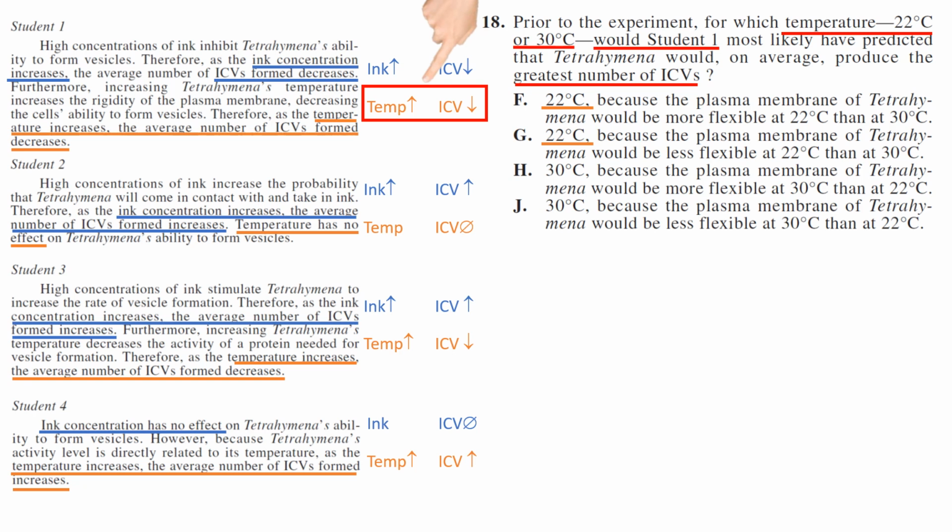It's because the membrane is more flexible or less flexible. Well, it tells us in the reading that temperature increases the rigidity, so it needs to be more flexible at 22, right? So less rigid, more flexible. So your answer has to be F.